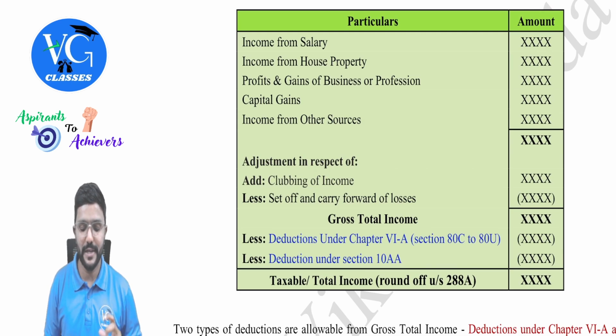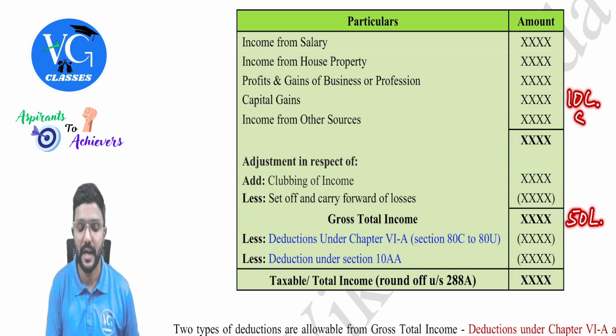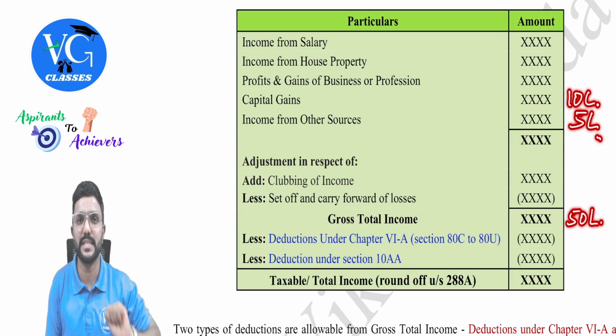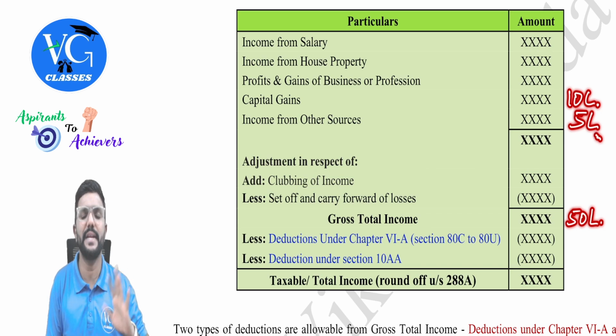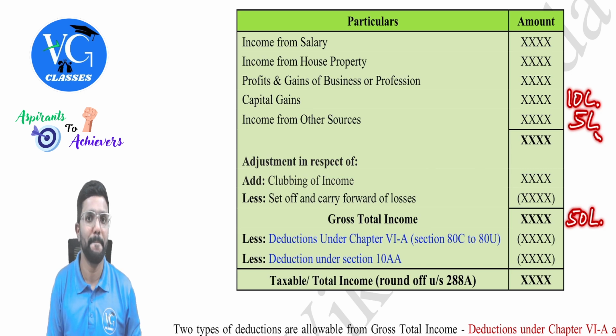Okay, I will try to explain with an example. Please pay attention. Assume, guys, the gross total income of an assessee is 50 lakh, which includes capital gains special income of 10 lakh and casual income of 5 lakh. The remaining is the normal income taxable at normal rate. Now, if I ask you what is the maximum deduction which an assessee can claim, all the sections put together from 80C to 80U along with 10AA, the maximum deduction he can claim is 35 lakh.